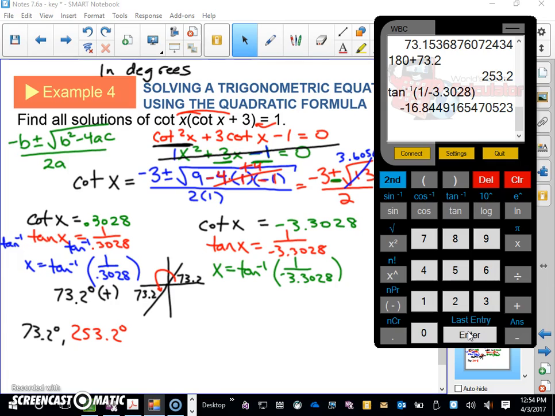I get a negative 16.8, okay? I think it's probably better for you to think about this as a 16.8 where tangent is negative.